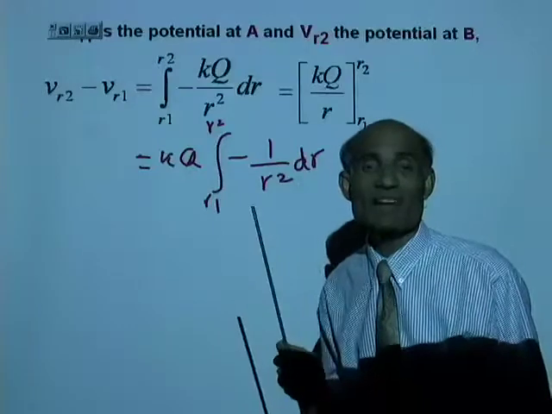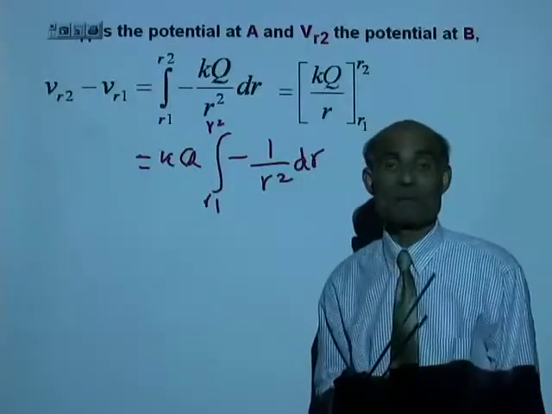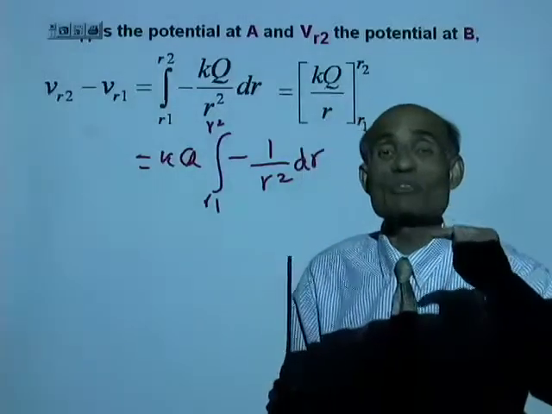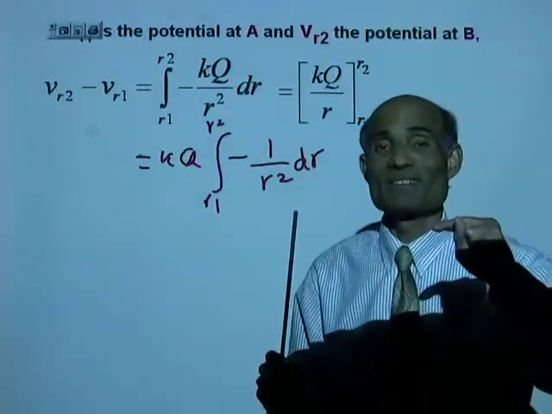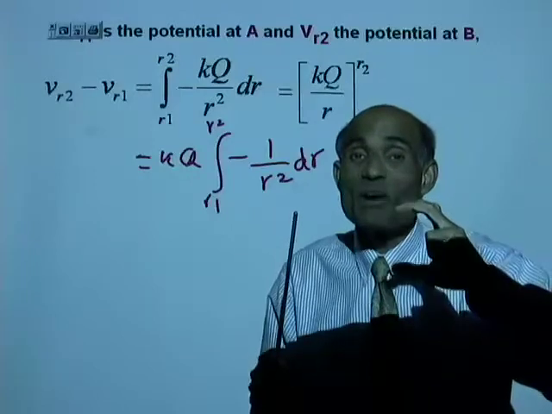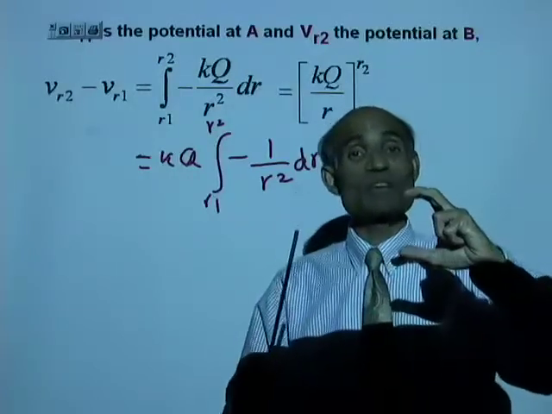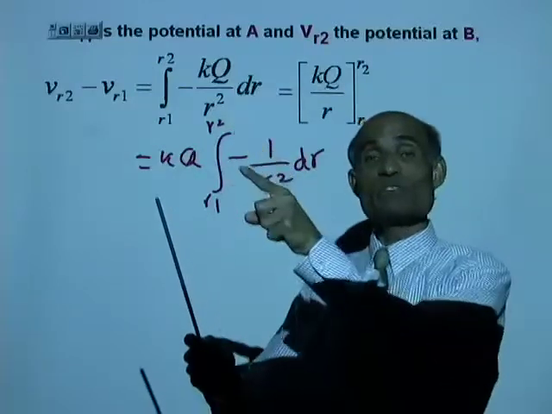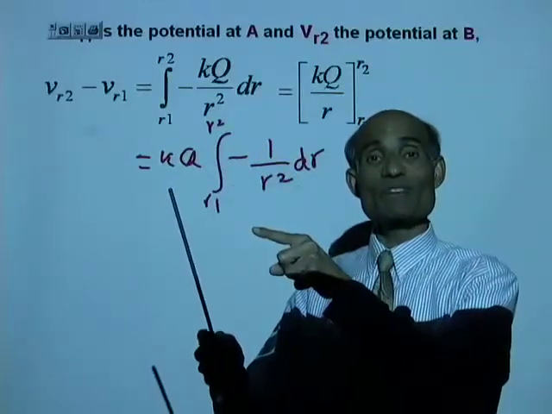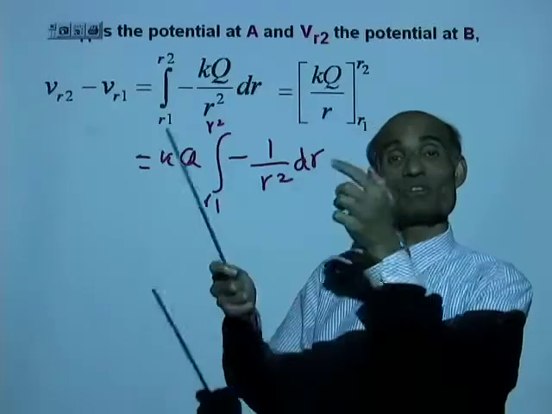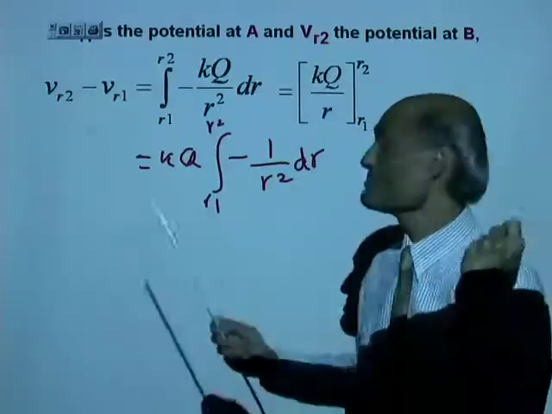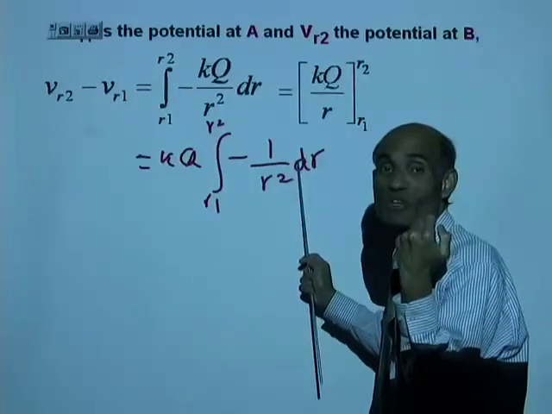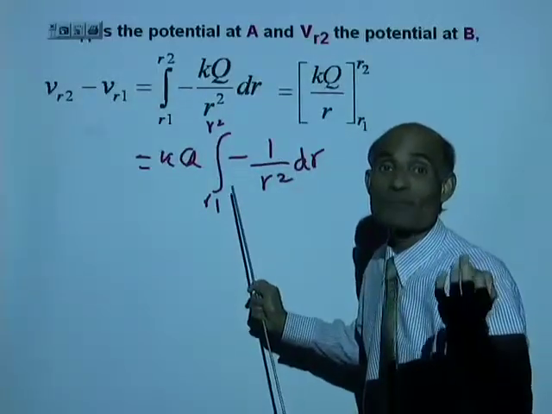Any elementary calculus student should know that. What is the derivative of 1 over x with respect to x? The derivative of 1 over x is negative 1 over x squared. Therefore, if you integrate negative 1 over x squared with respect to x, you should get 1 over x. In the same way, the integral of negative 1 over r squared dr is 1 over r.